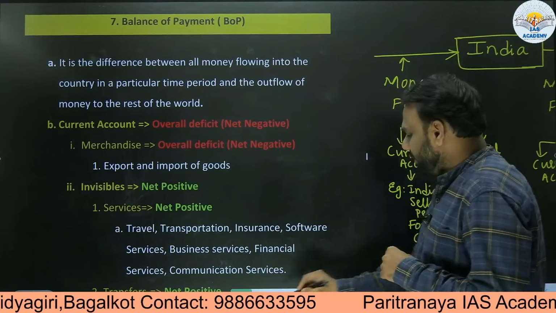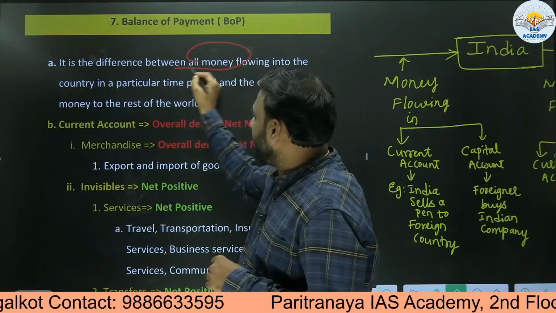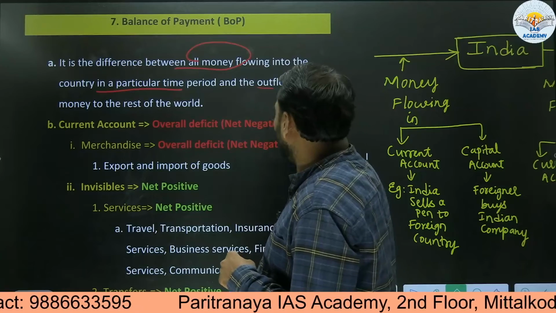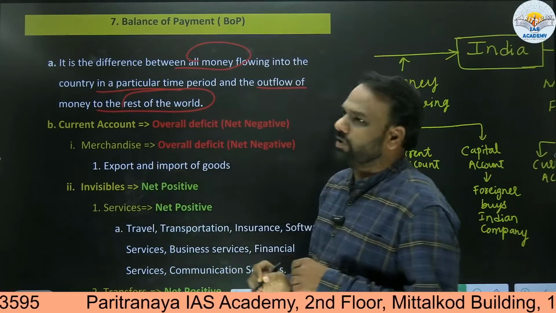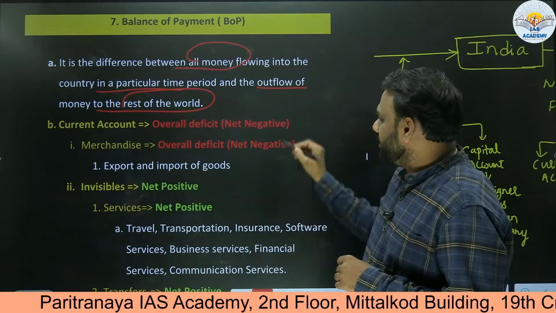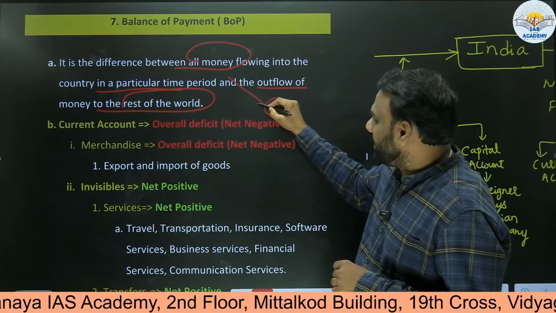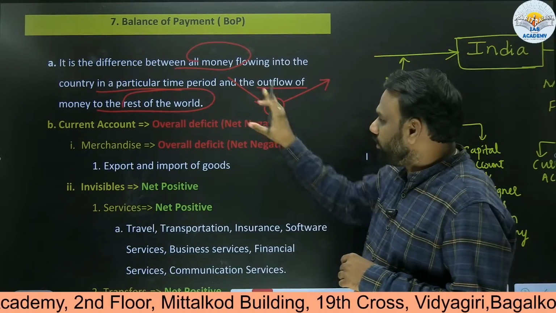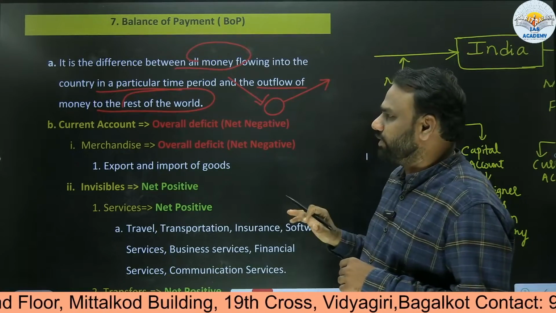So what is balance of payment? It is the difference between all money flowing into a country in a particular time period and the outflow of money to the rest of the world. Now, to India there will be incoming money as well as outgoing money. In what format the money will come and in what format money will go, we shall not worry about it.